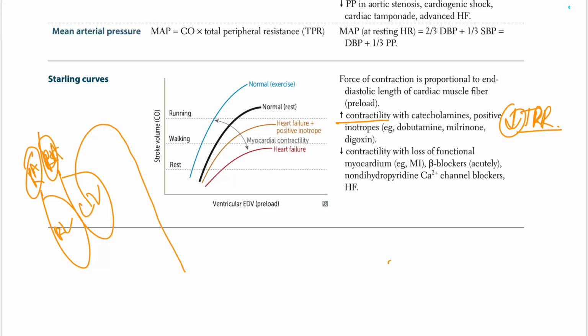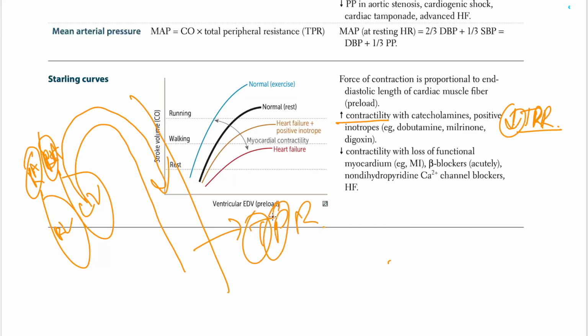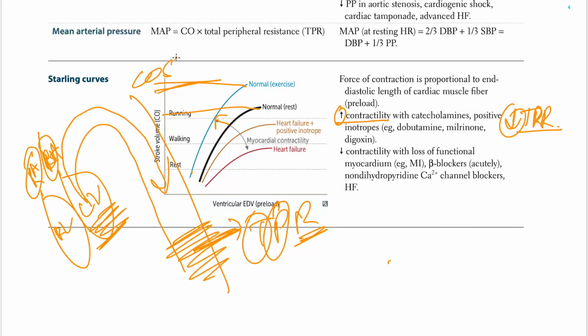Whatever the heart is trying to push out into the vessels, that's going to be your TPR, total peripheral resistance. So either you increase the contractility of the heart or you decrease the TPR, and you are going to have a curve that goes towards the left, meaning the cardiac output and stroke volume would increase. Normal is here, but it's going to increase.